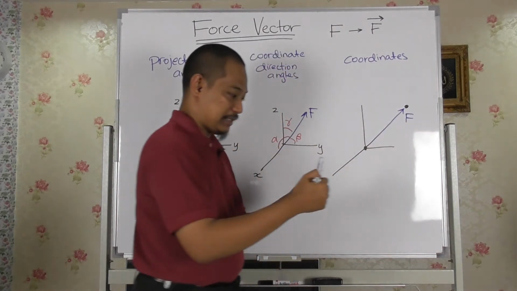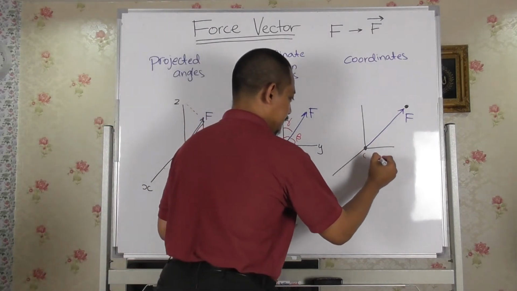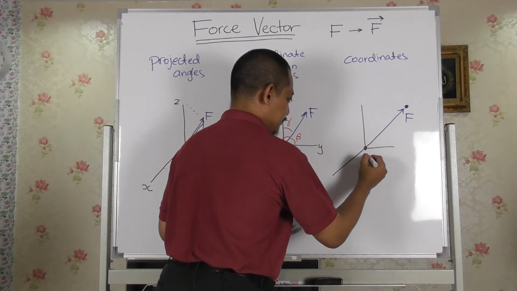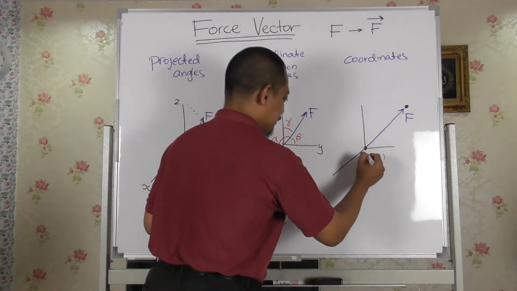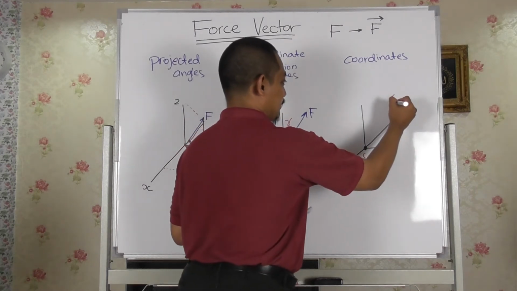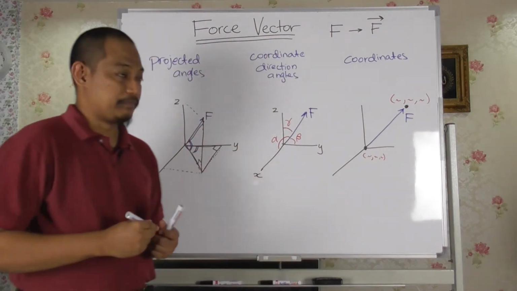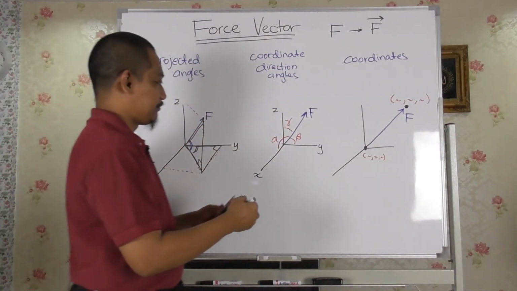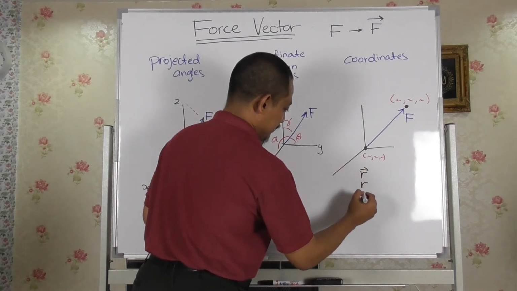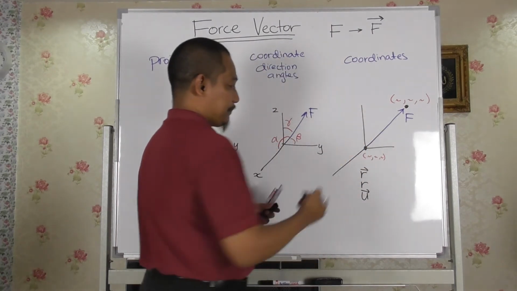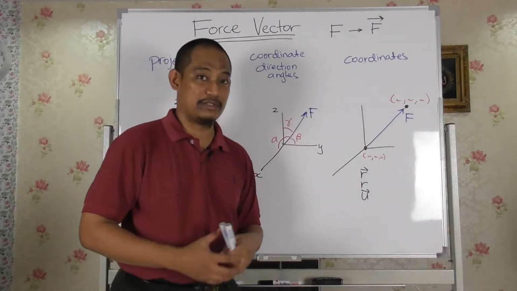So what you have is the coordinate here, something, something, and something, and the coordinate there, something, something, and something. From the coordinates, you can find the position vector, then the magnitude of that, and the unit vector of the line, and then you can describe the force in Cartesian vector form.